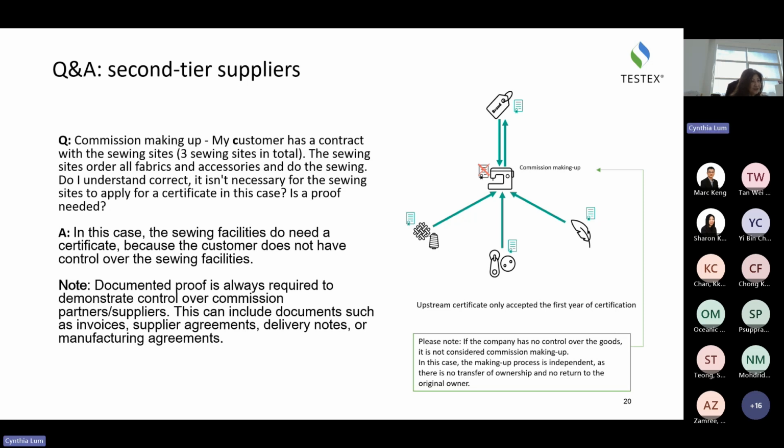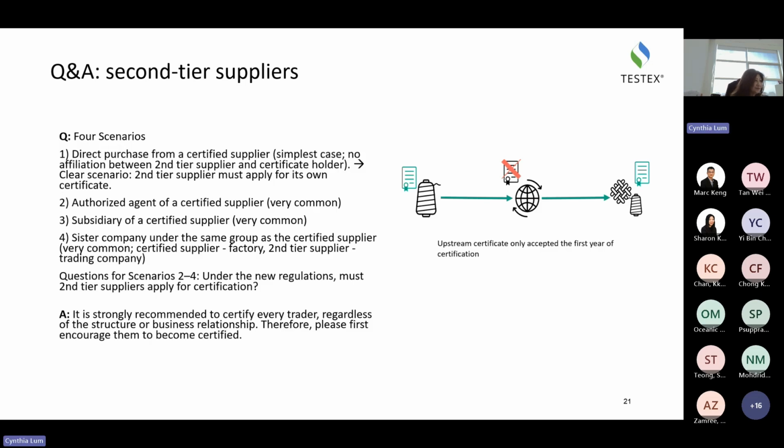So in such cases where it is not controlled by the, probably the making up, then they need to have a certificate for their second tier suppliers. So, direct purchase from certified suppliers, for example, no affiliation between second tier supplier and certificate holder.